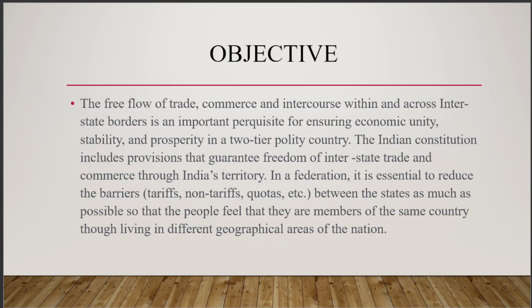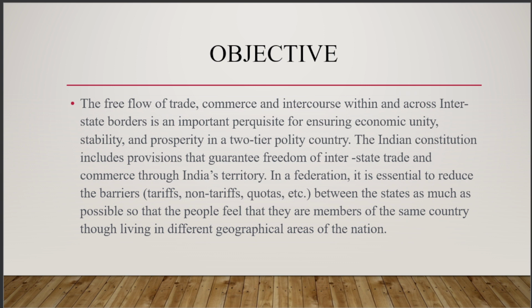If we talk about the objective of these provisions related to trade, commerce, and intercourse, then these were added in the constitution to facilitate the exchange of goods and services, so that without any hindrance, the goods can be exchanged between different parts of the nation.